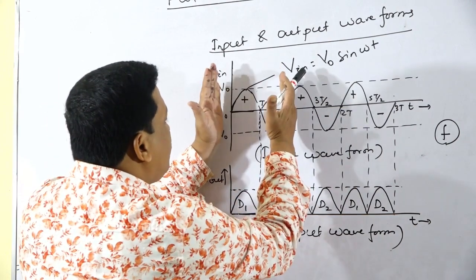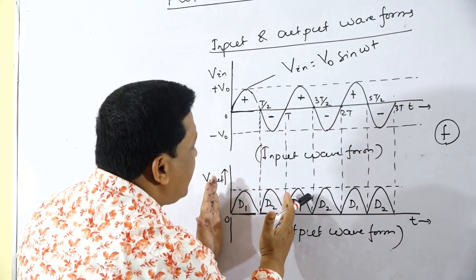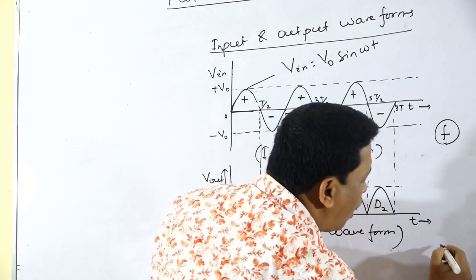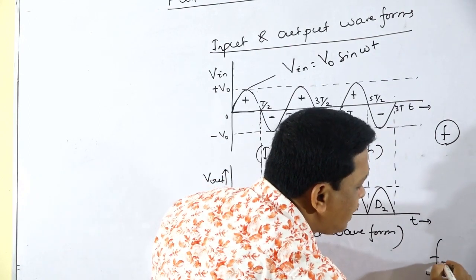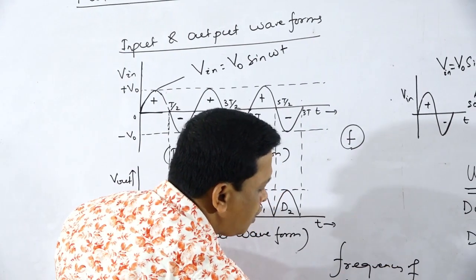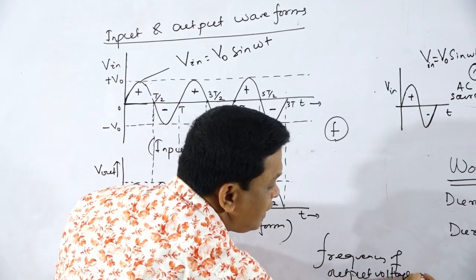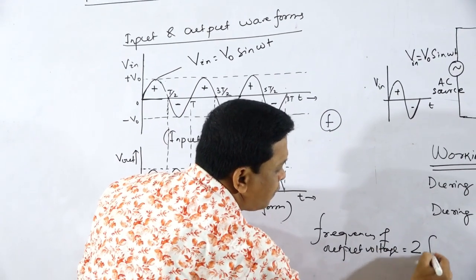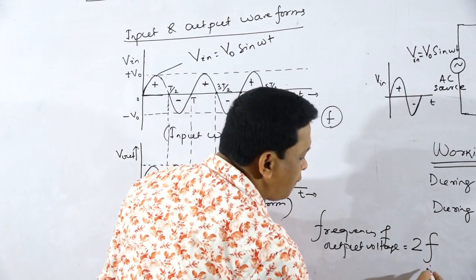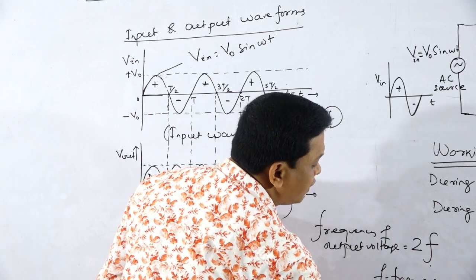The time during which the input is completing one cycle, the output is completing two cycles. Therefore, the frequency of output voltage is 2 times the frequency of input voltage, where F is the frequency of input voltage.